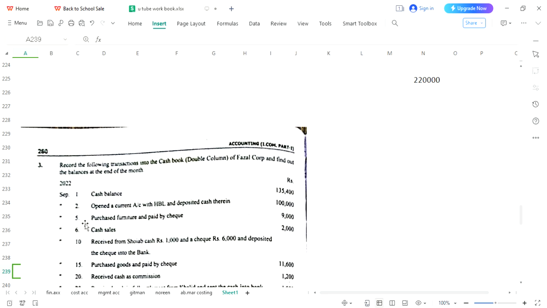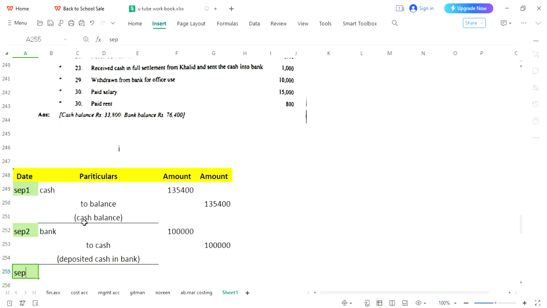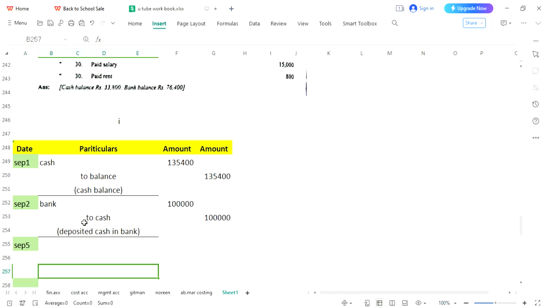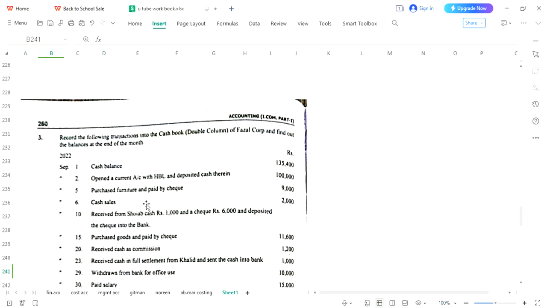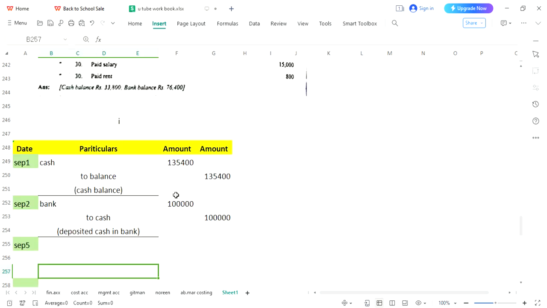Next entry. So you will write September 5, and here let's see what it is saying. Furniture purchased by check. So you may write furniture bought by check.